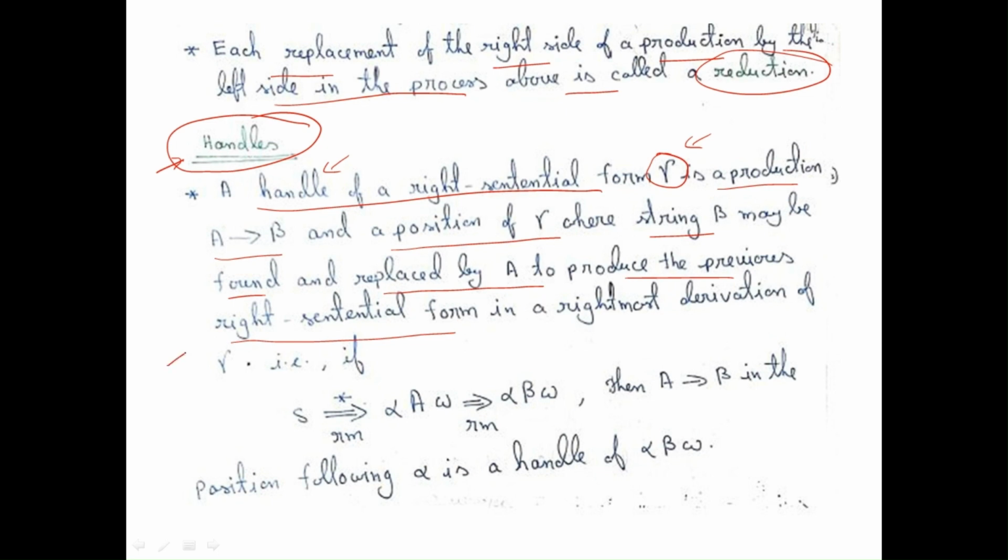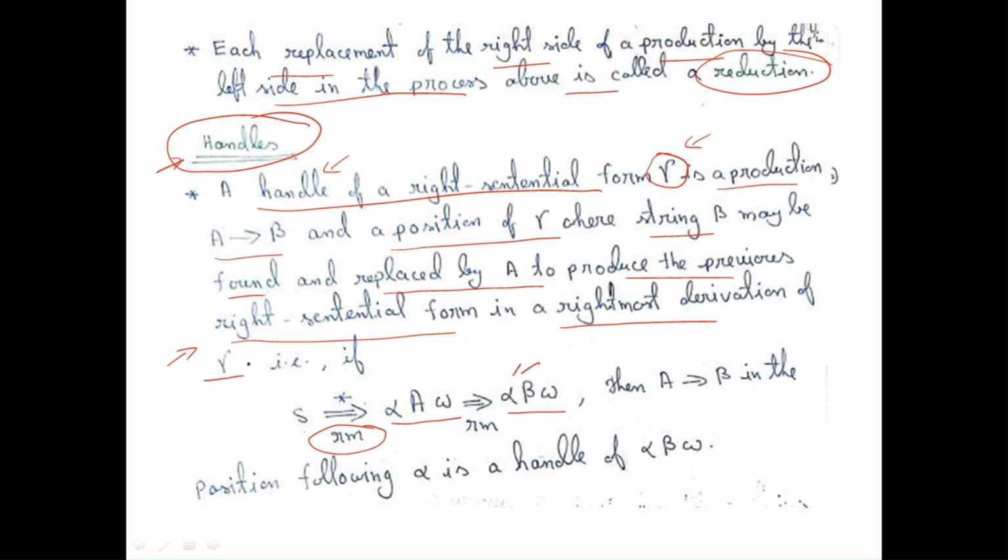It is very important that we produce the previous right sentential form in a rightmost derivation of gamma. Suppose S derives in rightmost derivation fashion, and at one step we have alpha A w and in the next step we have alpha beta w.